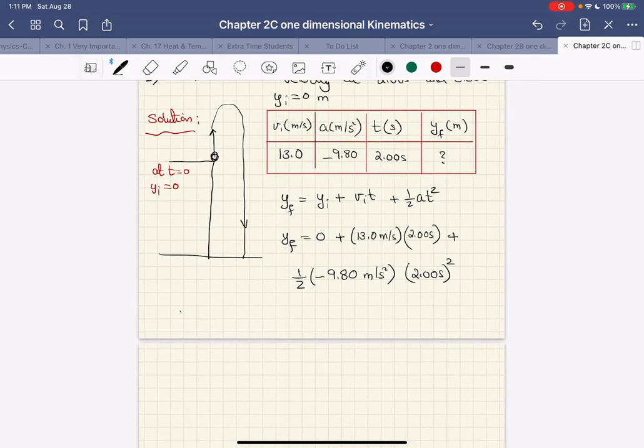And from that I can find that the position should be 6.4 meters.